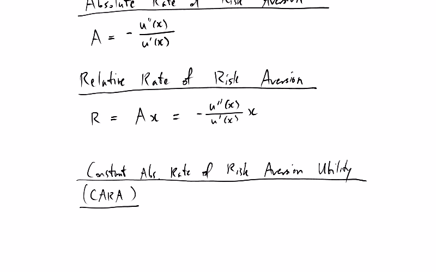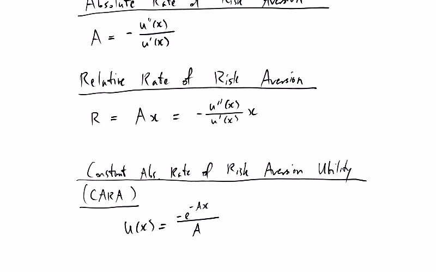You hear this a lot, CARA. It's a utility function that satisfies the property where the absolute rate of risk aversion is constant. It looks the following way. The utility function is negative e to the power of negative A X, over A, where A is a parameter you can choose.